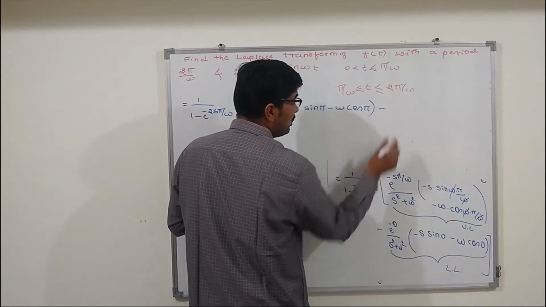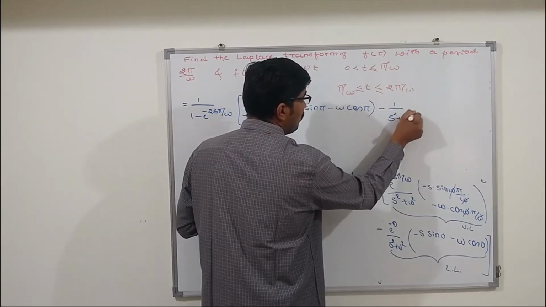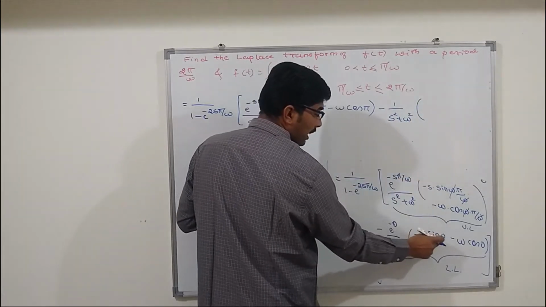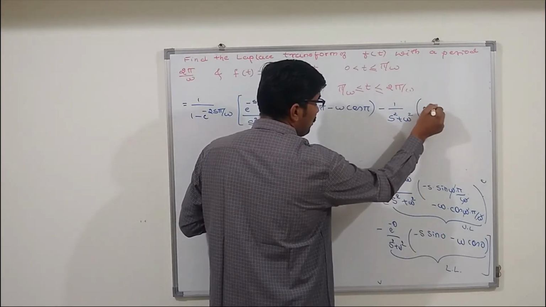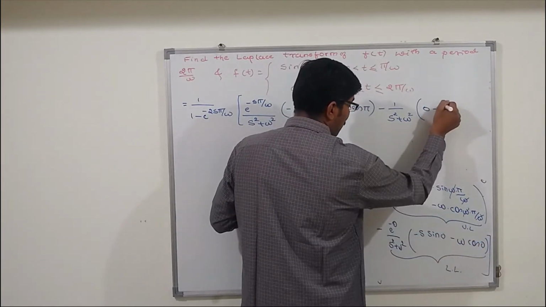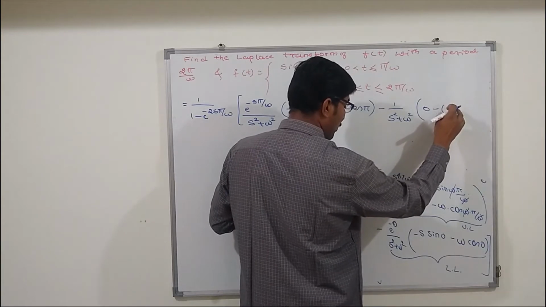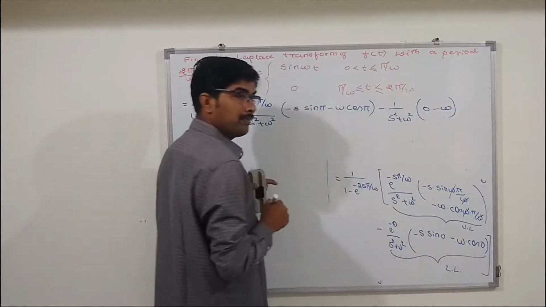Minus e raised to 0 is equal to 1 divided by s square plus omega square into bracket. Sin 0 value is 0. 0 into minus s is 0. Minus cos 0 is 1. 1 into minus omega is minus omega. So in total you will get minus omega.